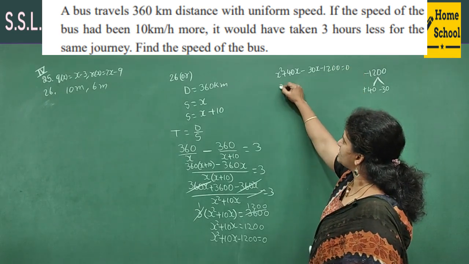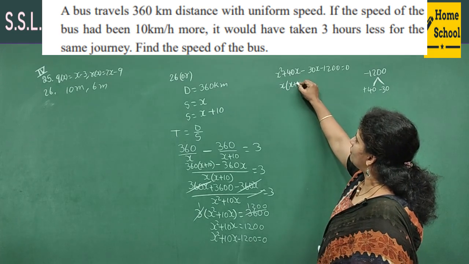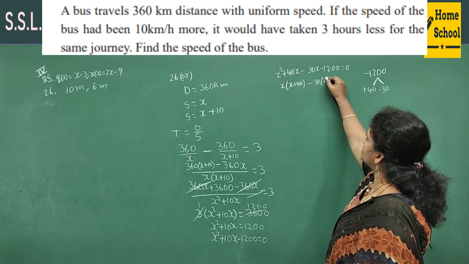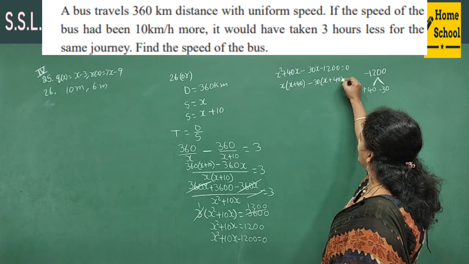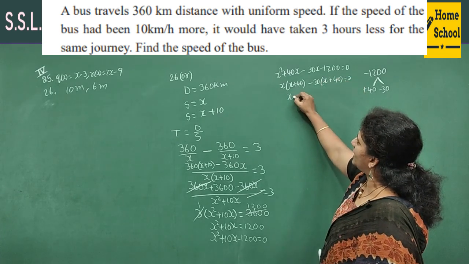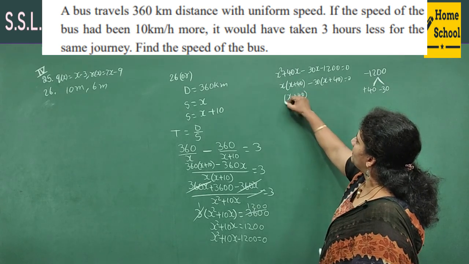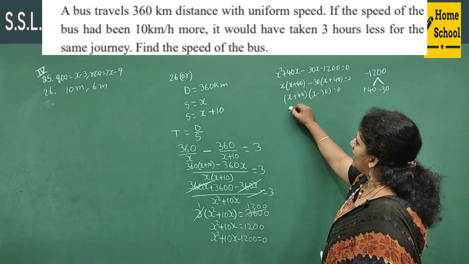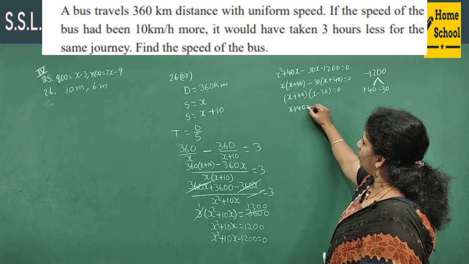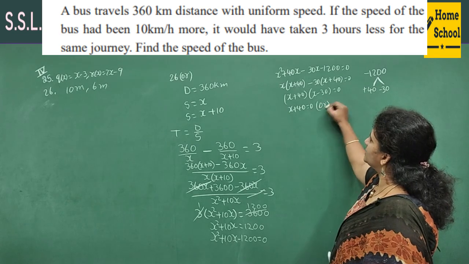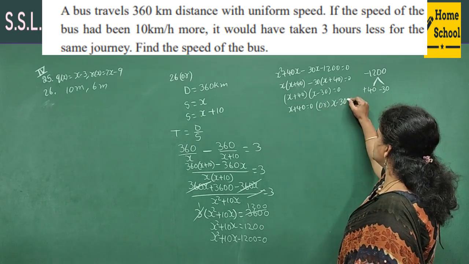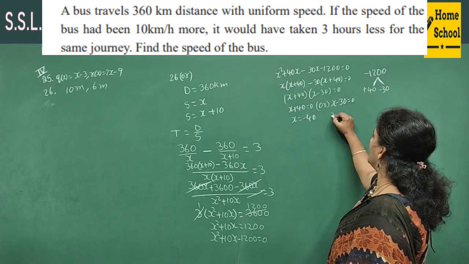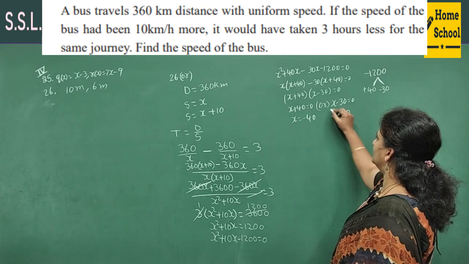Now in these two, x is common, x plus 40, minus 30 common, x plus 40 is equal to 0. Now again x plus 40 is common, x minus 30 is equal to 0, x plus 40 equal to 0 or x minus 30 equal to 0. x is equal to minus 40 or x is equal to plus 30.